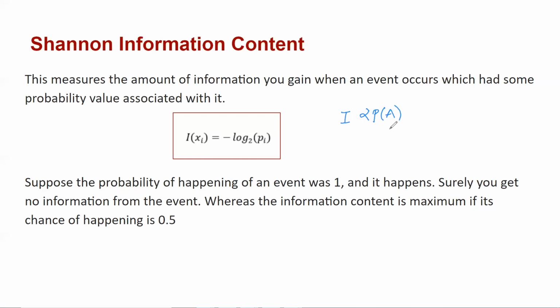Whereas if I say that tomorrow it's going to rain with a probability of 0.7, then the information content of this statement is high, because this is really an uncertain event.